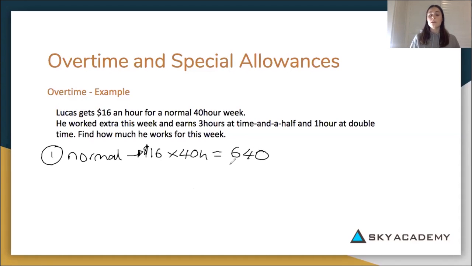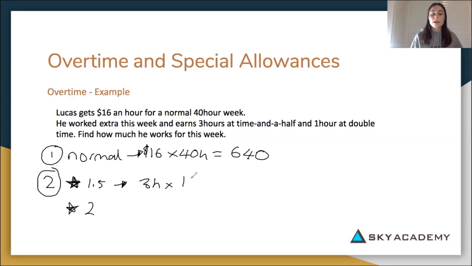My next step will be to do the overtime. I'm going to break my overtime into 2 steps. The first step is going to be time and a half, and my next step is going to be double time. At time and a half, we have 3 hours times our normal pay rate, which is 16, times the time and a half, which is 1.5.